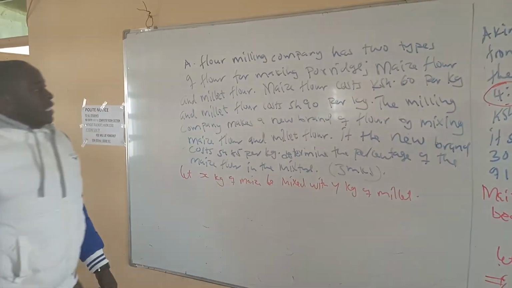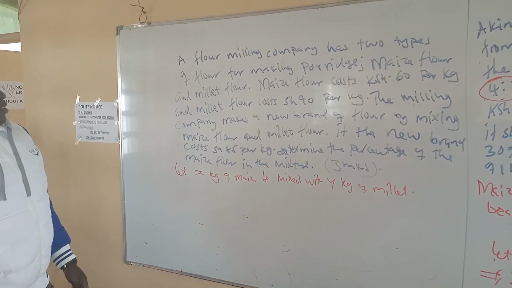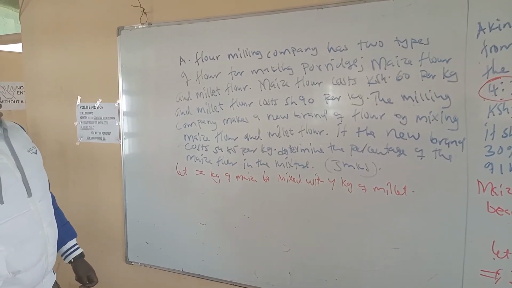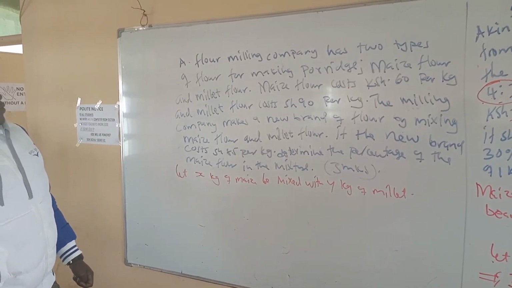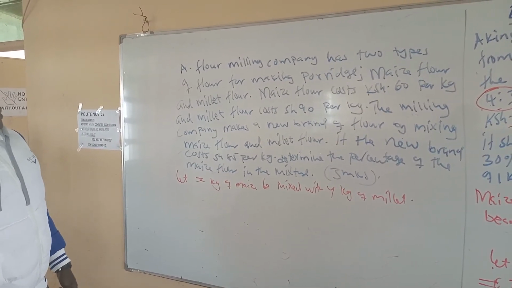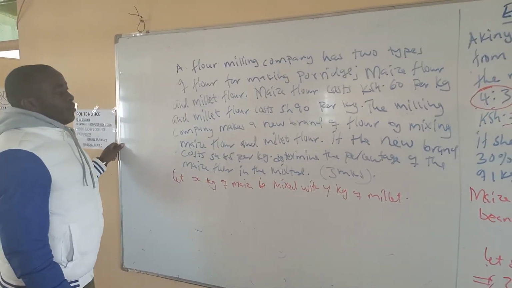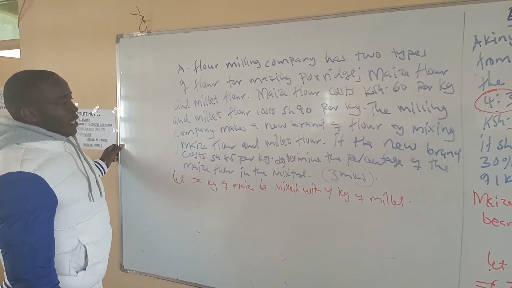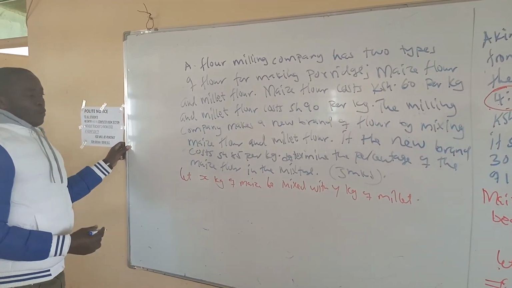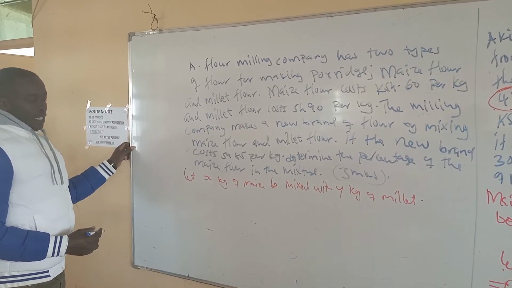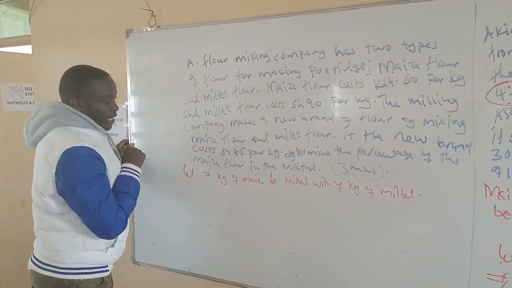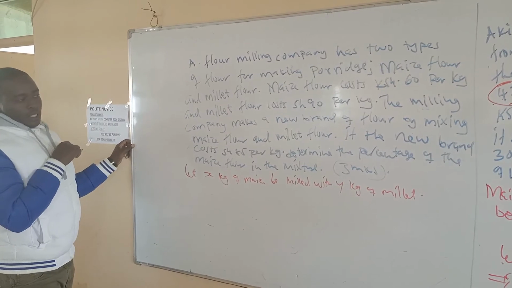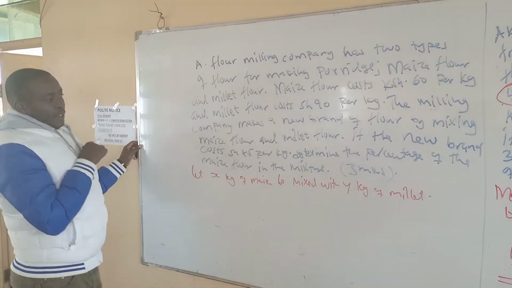Maize flour costs 60 per kg and millet flour costs 90 per kg. From the onset, I said that the cost of individuals added together equals the cost of the mixture.